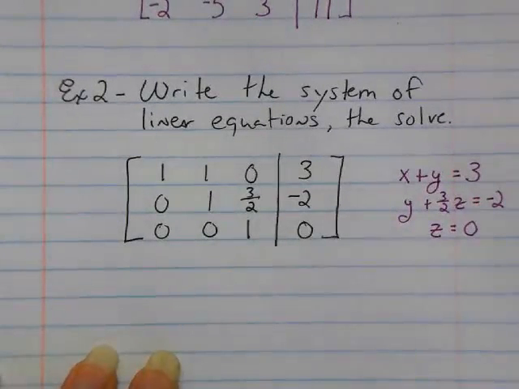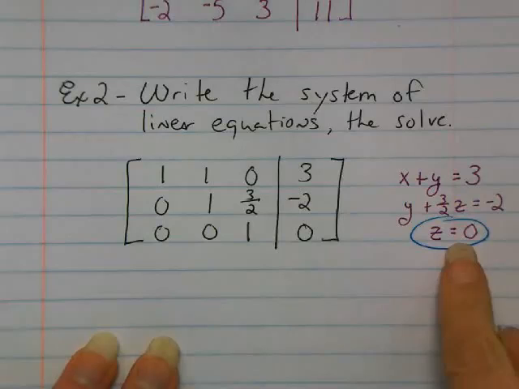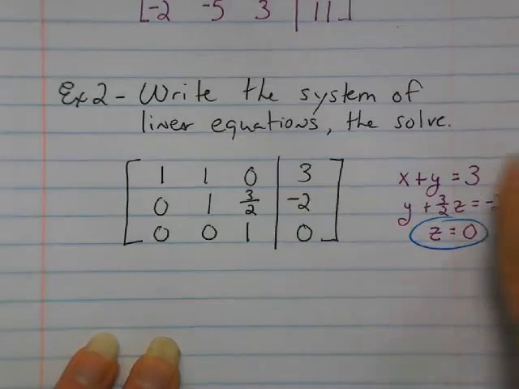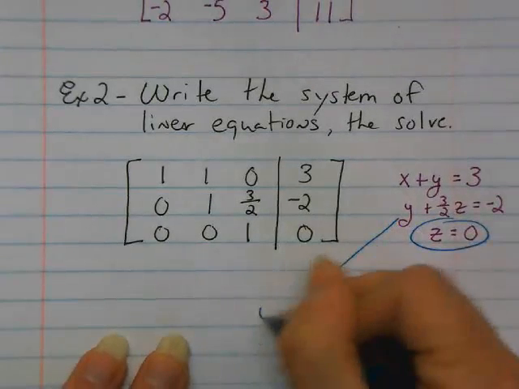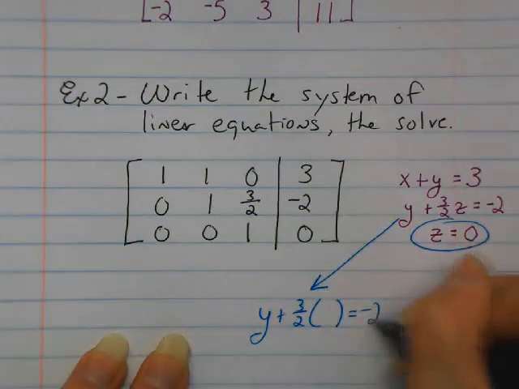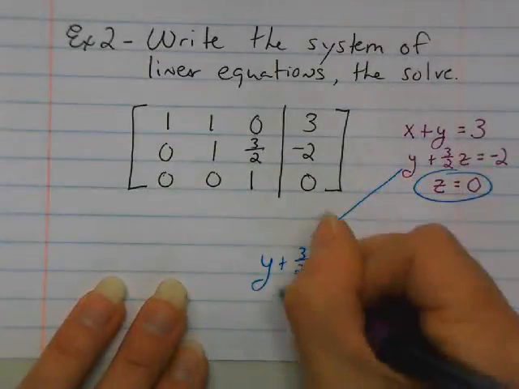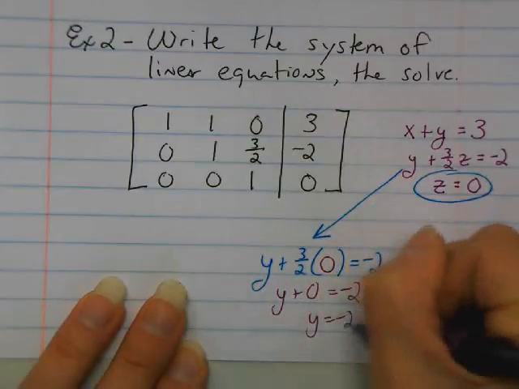Well, the good news is right here, can you tell that you already know what z is? Now I can use that information to come here to help me find what y is, and I can use that to come here and find what x is. So I take this equation, y plus 3 halves of z is equal to negative 2, but we just found out that z was 0, so y plus 0 equals negative 2, so y is negative 2.